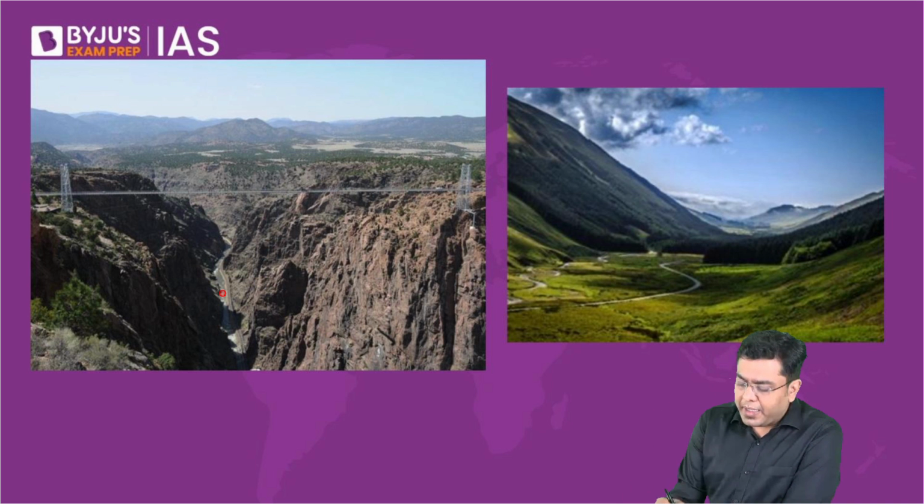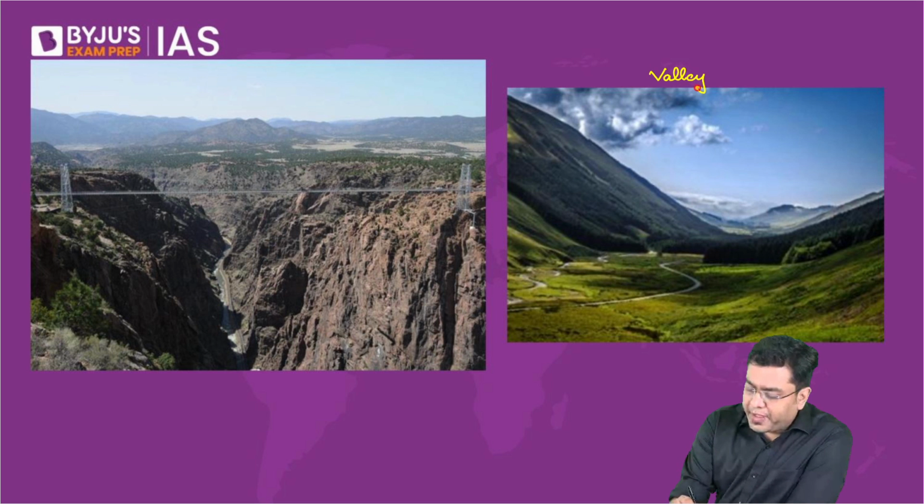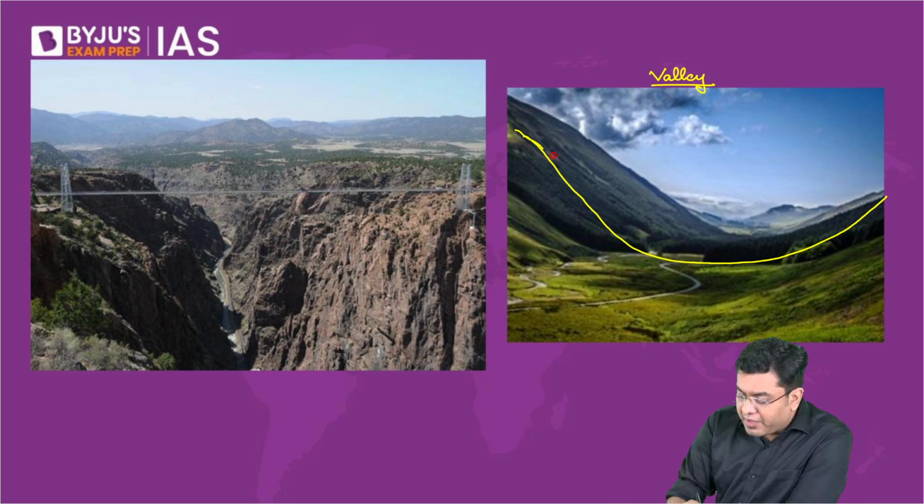If you observe this particular image, this is what is referred to as a valley. In the case of the valley, you will observe that the base is significantly broader. The slope is not very, very steep. Observe the river flow here. The river flow is forming a part of that flow in the valley.